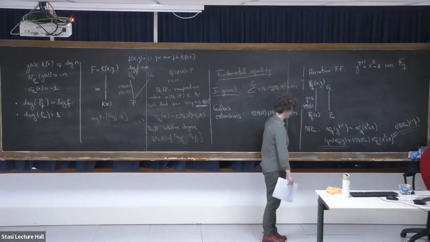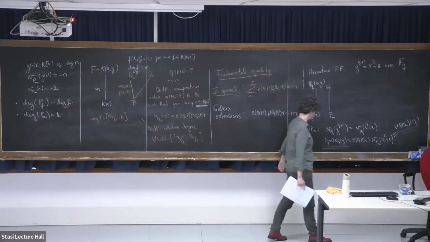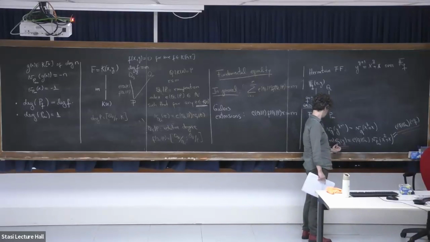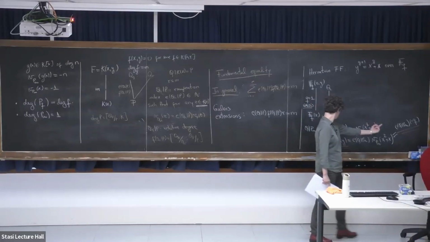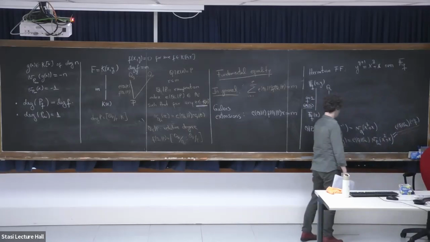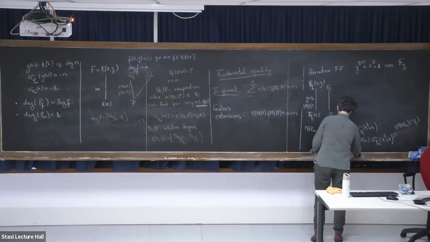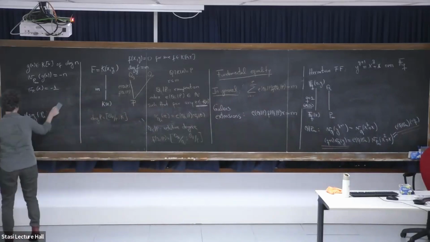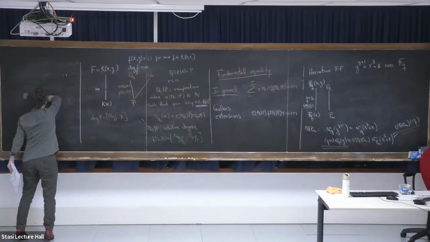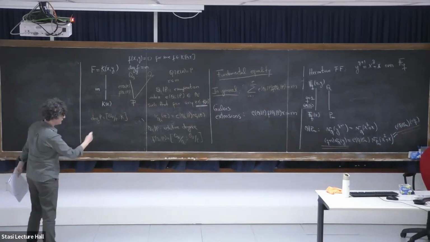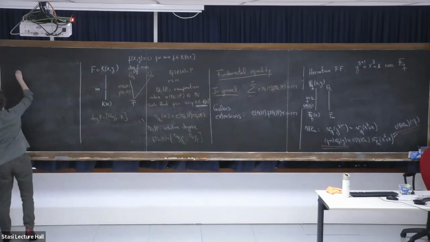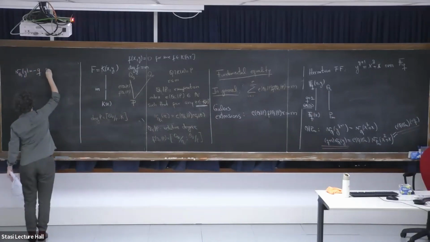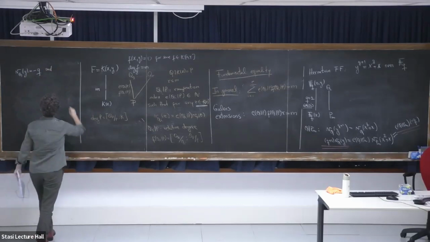So the only way for everything to work out is that we have the valuation v_Q of y equal to minus q, and the ramification index equal to q+1.